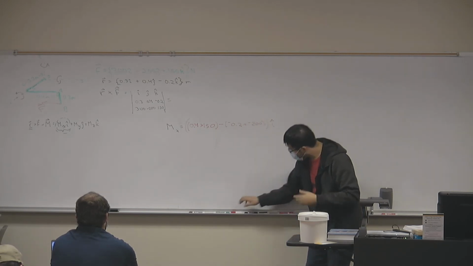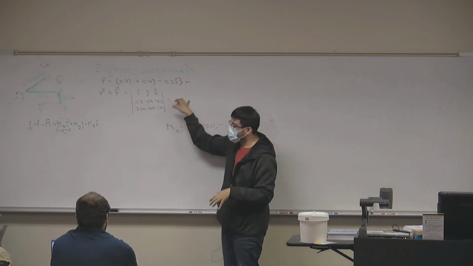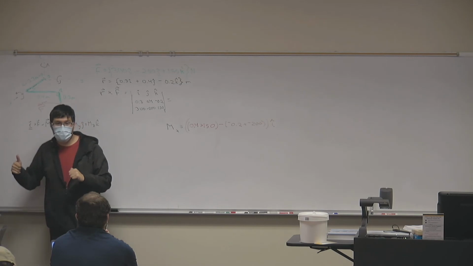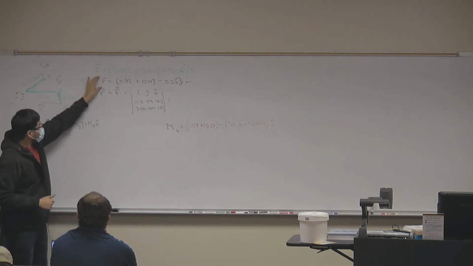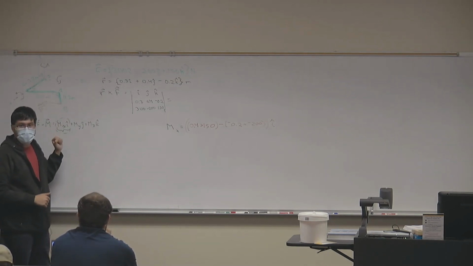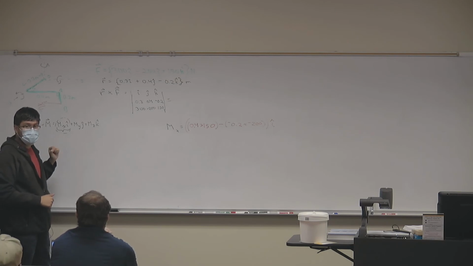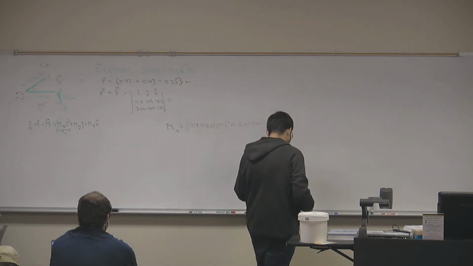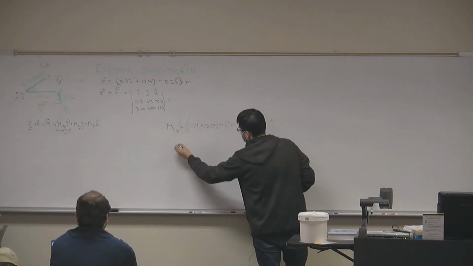So we don't have to calculate the y component and the z component because we'll only ask for the rotation about the x-axis. However, for the position vector, we cannot ignore the location where the force acts. So plug those numbers in, and please tell me what is the moment about the x-axis.